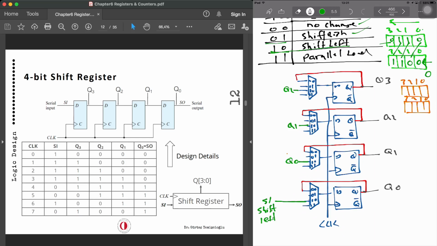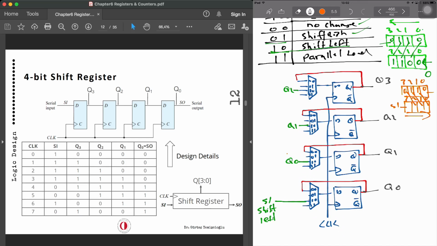And the shift right, which I accidentally skipped, is shifting from 3 down to 0. So if I have 0, 1, 1, 0 again, then bit 3 will be shifted to bit 2, bit 2 will be shifted to bit 1, bit 1 will be shifted to bit 0, and bit 0 will just shift out, and over here we will have another serial in.